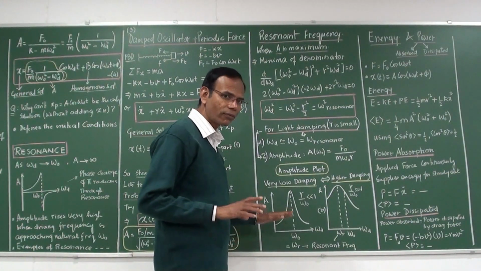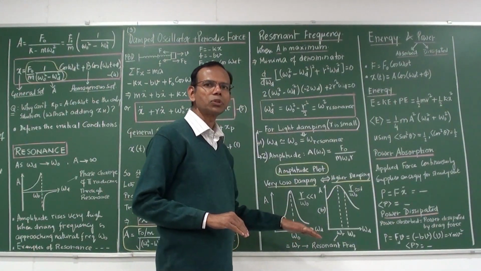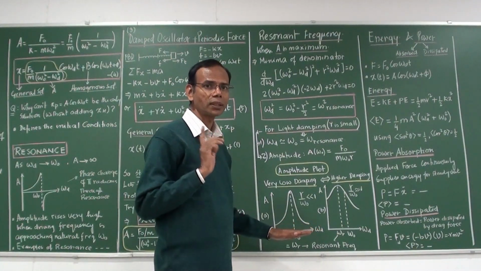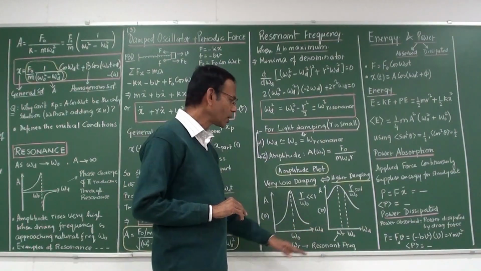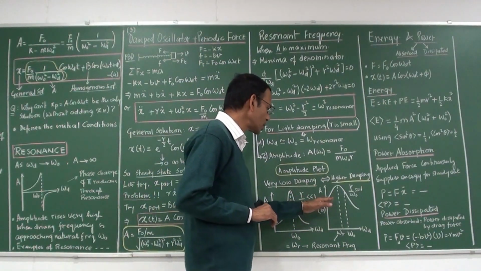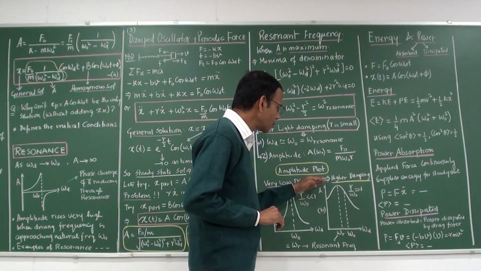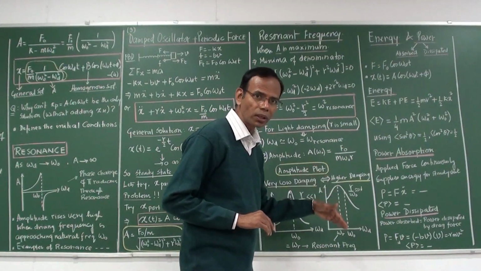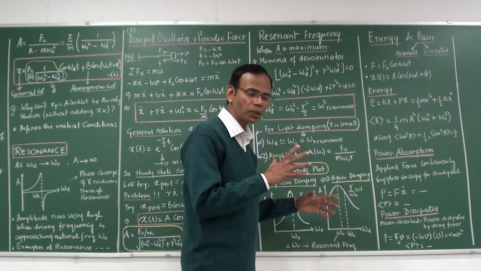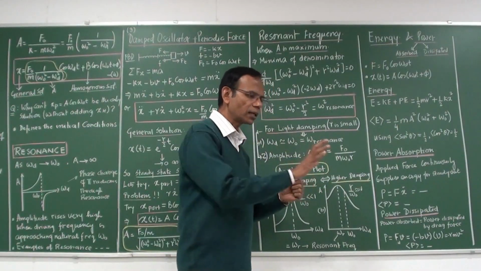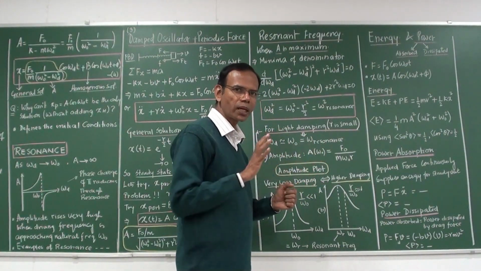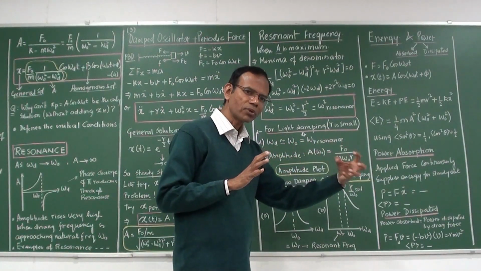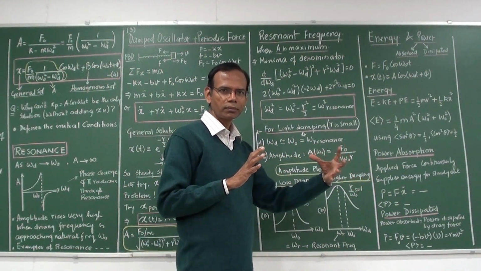The phase angle phi abruptly changes from 0 to minus pi, and that is what we have seen before. But in this case, the phase changes gradually because of the damping. When there is damping and you are giving an f0 cos omega t, the system responds slowly.